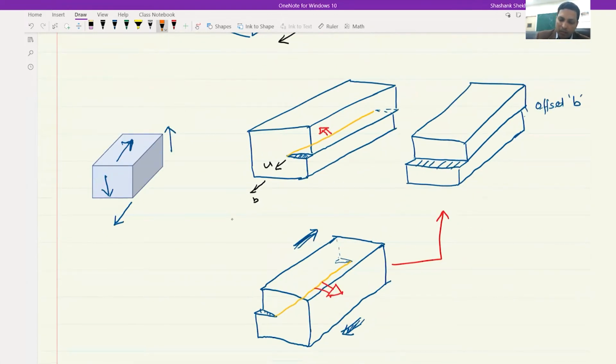So let's say we were applying similarly over here. So here we are applying again at some particular angle and not in the same plane.